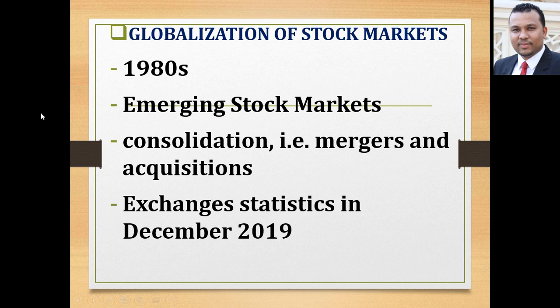What about the appearance of globalization? Globalization started in the 1980s. In the 1980s, the stock market became globalized. Why? Due to this decade, specifically from 1984, we talk about some changes in the world system.